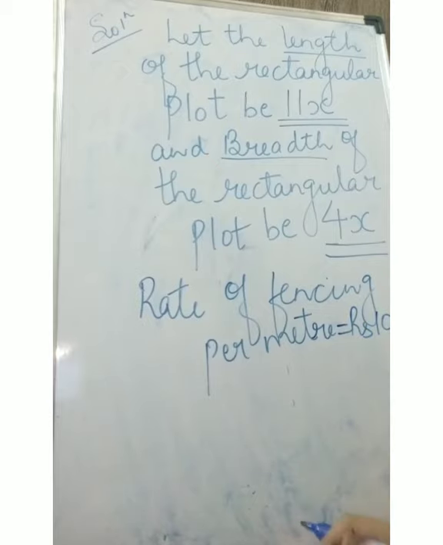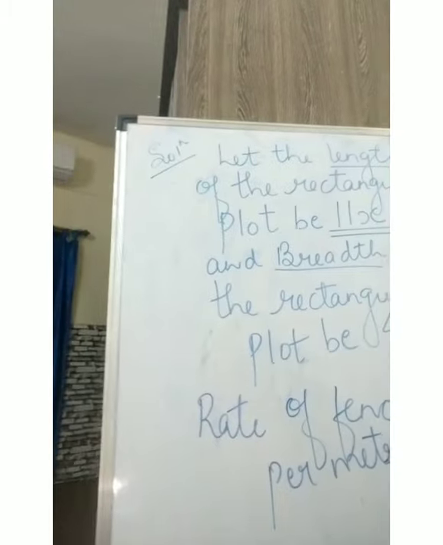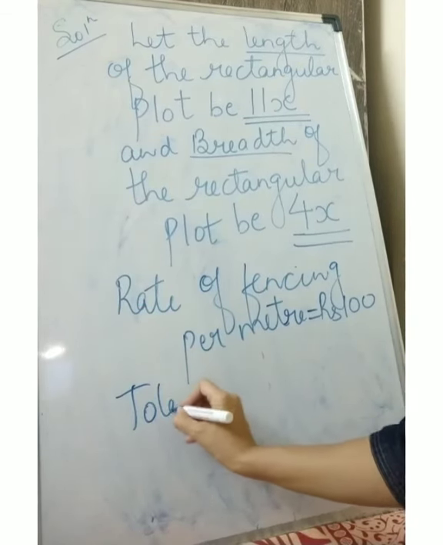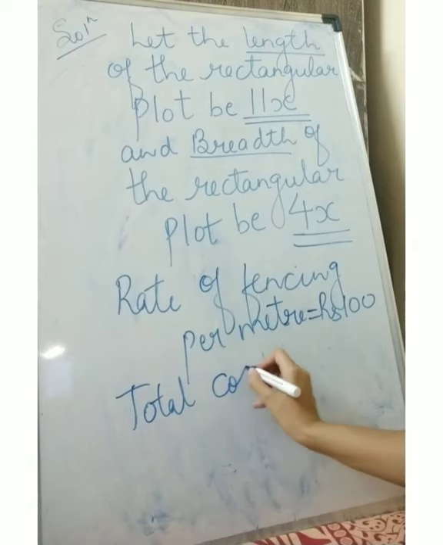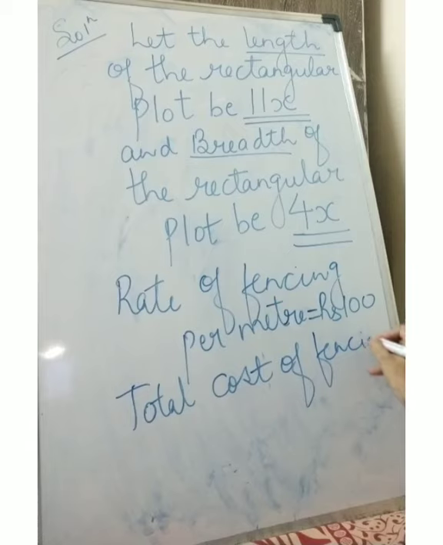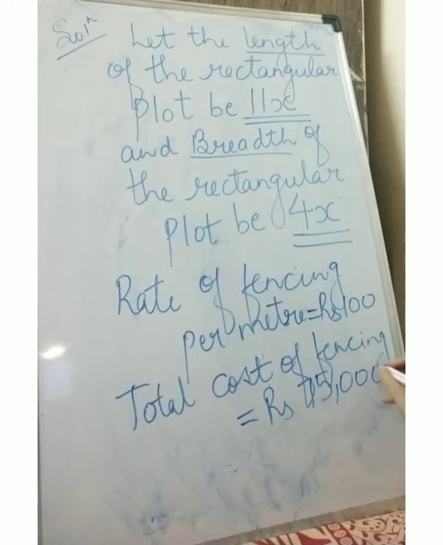So 100 rupees they are taking per meter. Now one more thing is given. Total cost of fencing. So the total cost of fencing is what? Rupees 75,000. So these are the things given in the question.